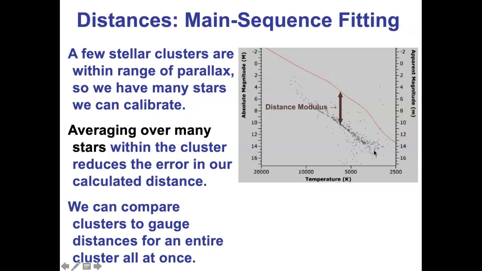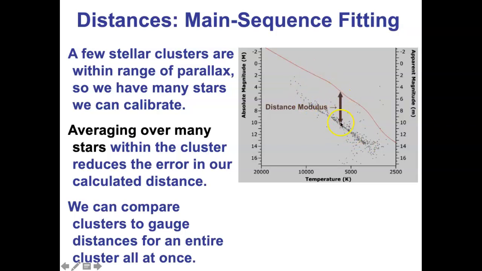Because remember, every main sequence star is governed by its mass. Right? Every main sequence star with the same mass is going to have the same luminosity, the same absolute magnitude, the same temperature. Which means the only reason why this main sequence is down below this main sequence is because this line is absolute magnitude, this line is apparent magnitude.